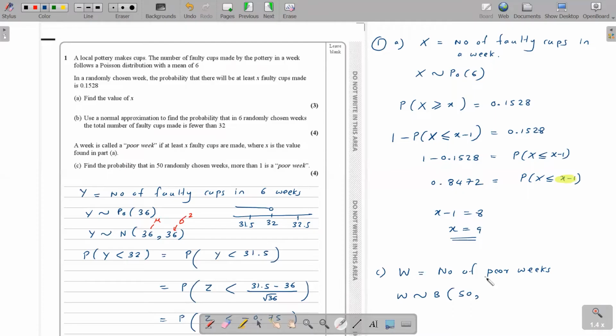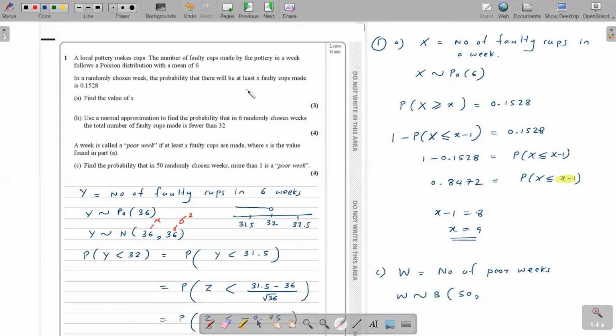A poor week is a week where you have at least X faulty cups, which is at least 9 faulty cups.